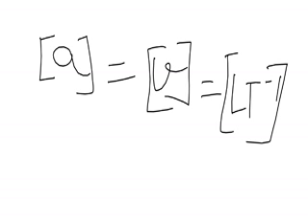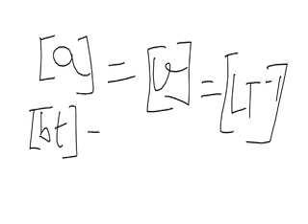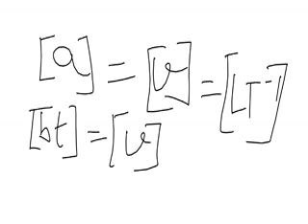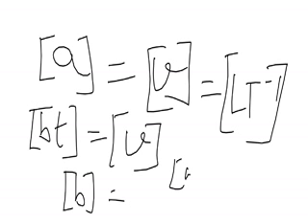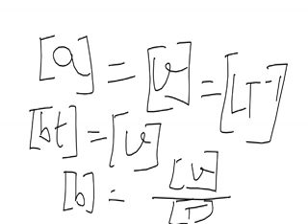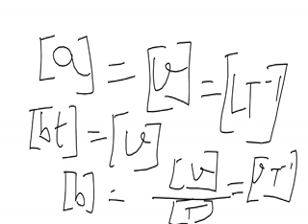Now we are bothering about the dimension of bt. The dimension of bt will be the same as the dimension of v. So here we need to find the dimension of b only. So t will go on the other side and it becomes v by t, that is v times t to the power minus 1, which is LT minus 2.